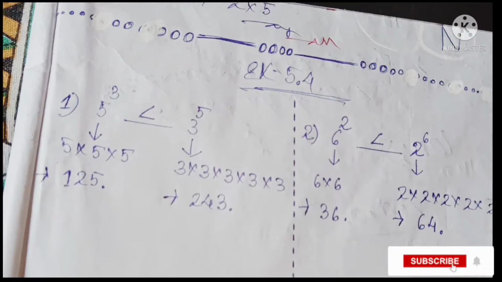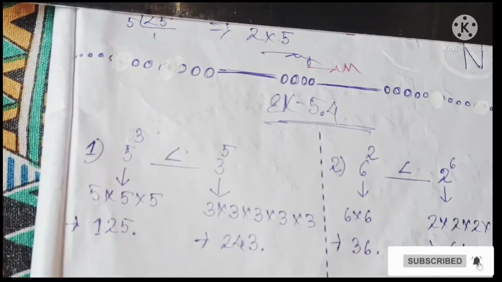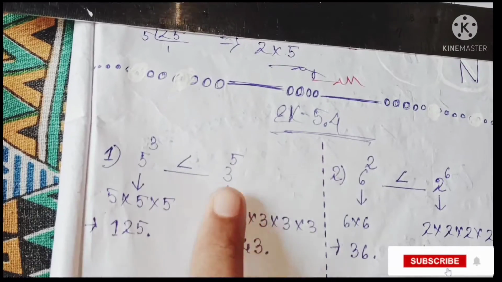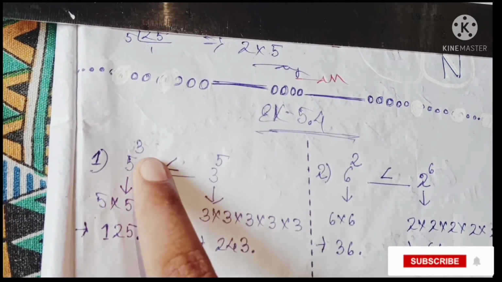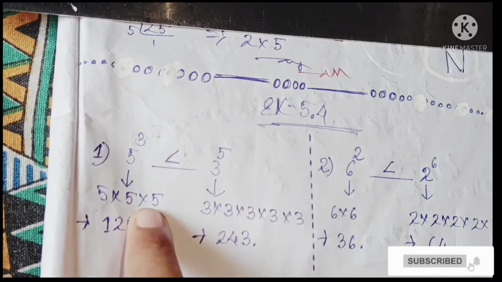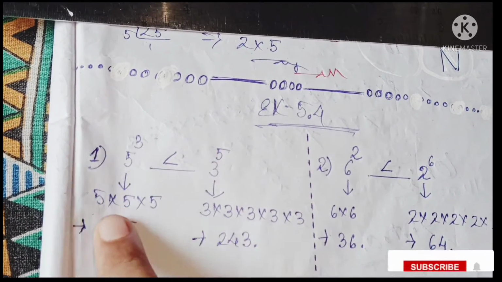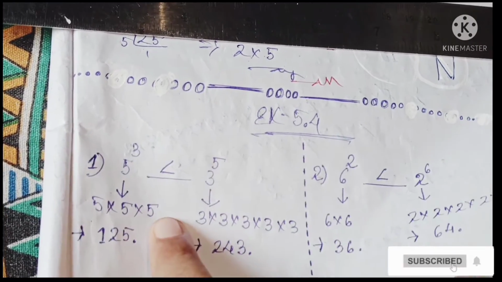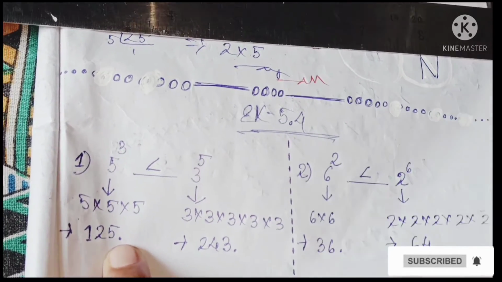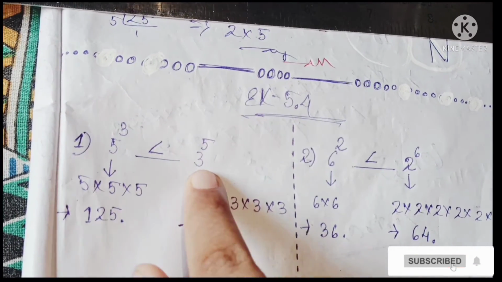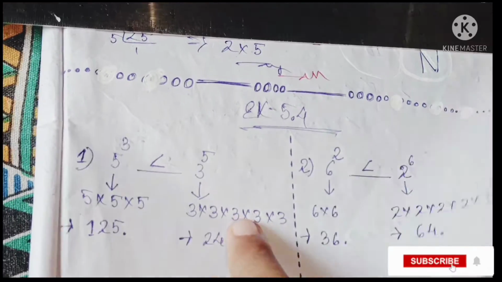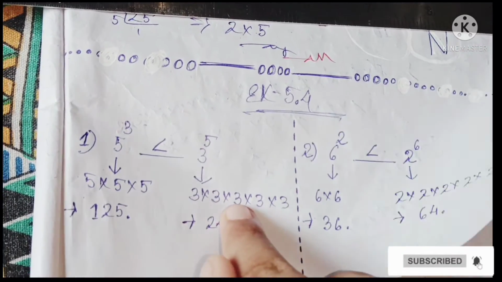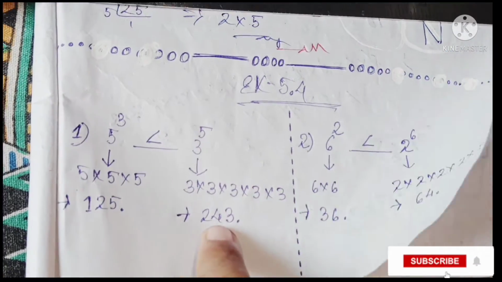At first you have to break the numbers according to their power form. Here 5 to the power 3, or 5 cube, is 5 into 5 into 5, which gives us 125. And here is 3 to the power 5, so 3 is multiplied 5 times, that is 3 into 3 into 3 into 3 into 3, which gives us 243.